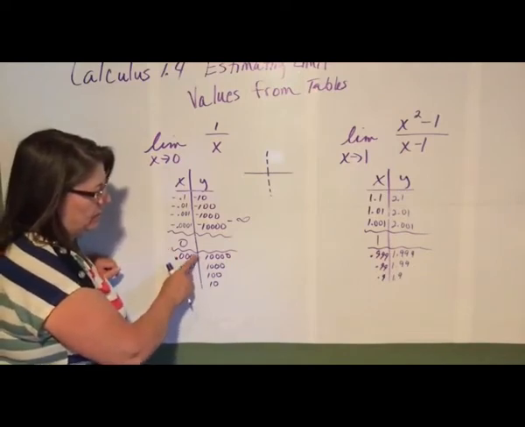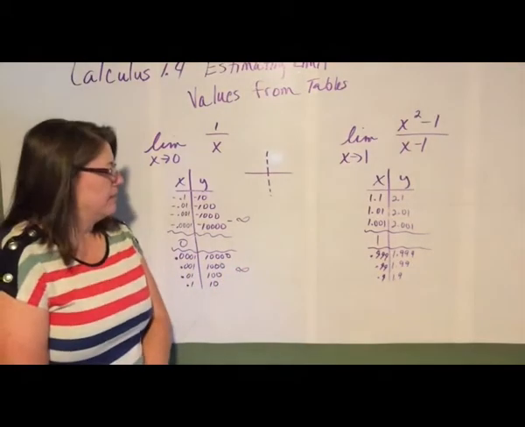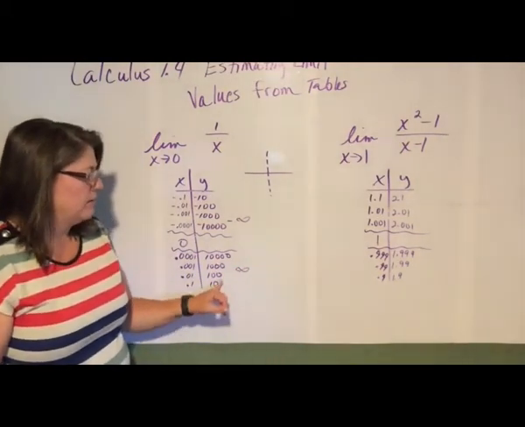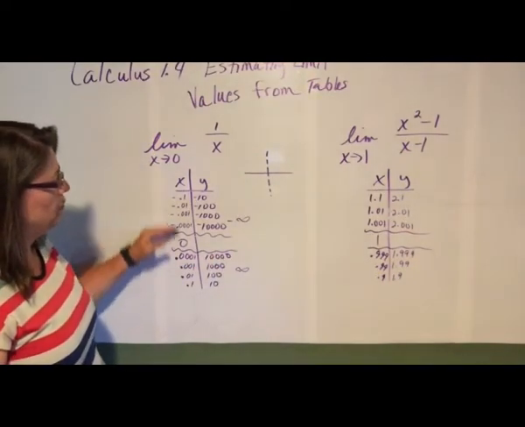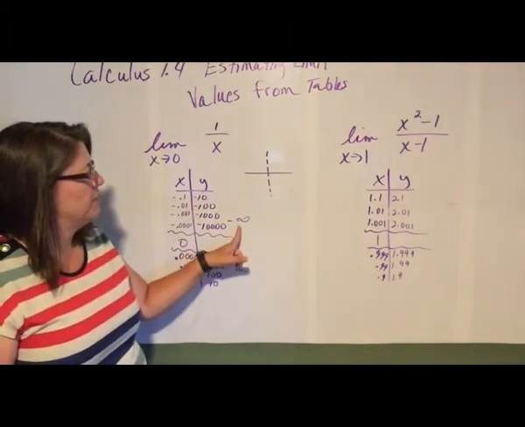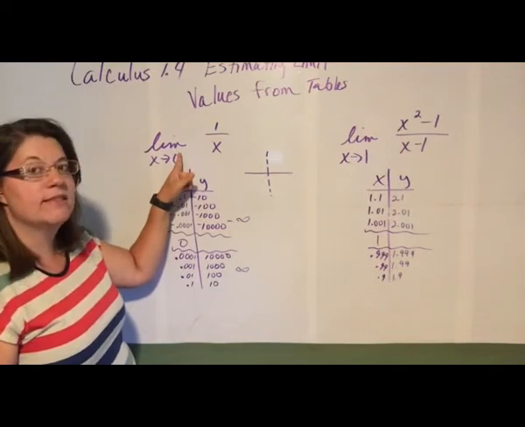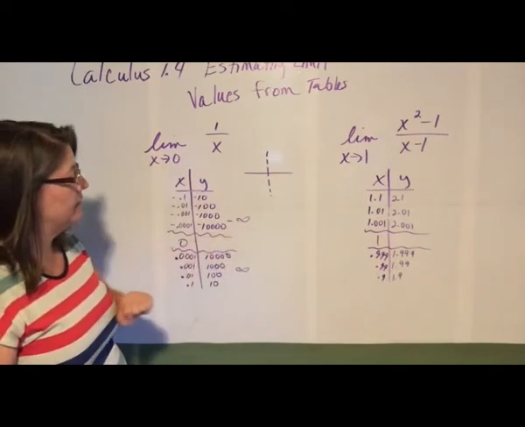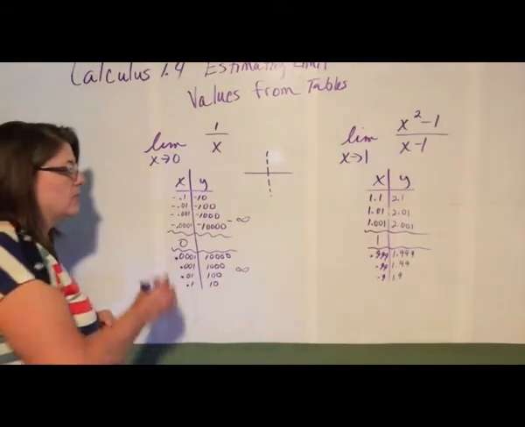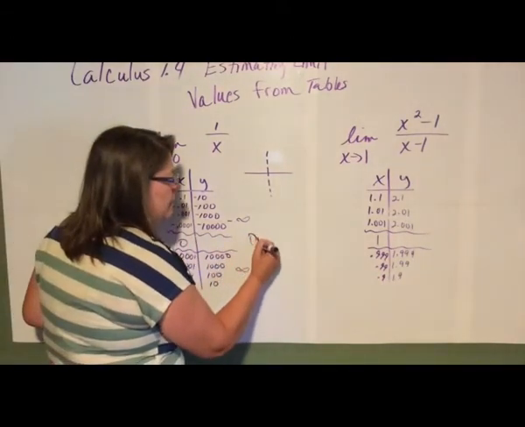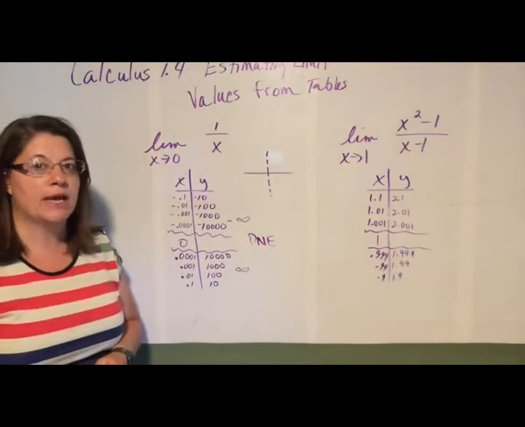These numbers are getting very big very quickly, so it looks like it's approaching infinity moving in from the right. So these two things are approaching two very different numbers. As x approaches 0 from the left, the one-sided negative limit is negative infinity, and the one-sided positive limit is positive infinity. So for this one, I would say the limit does not exist because it's approaching different things from both sides.